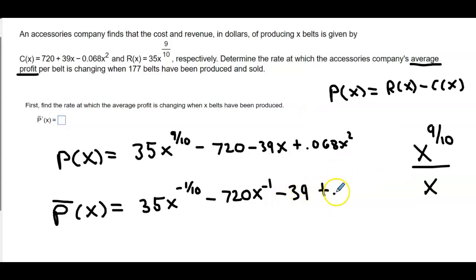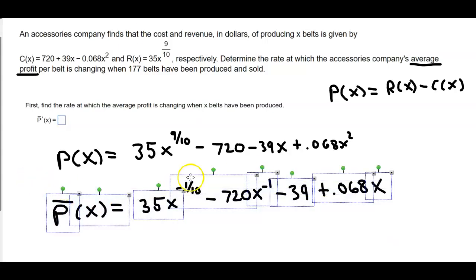And then this last term, again, if I need to divide x squared by x, I can use that property of exponents that says if you divide like bases, subtract their exponents. So 2 minus 1 is just 1. So that last term there becomes 0.068x. So this here is the average profit function.